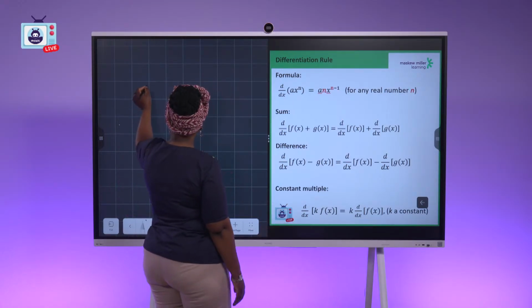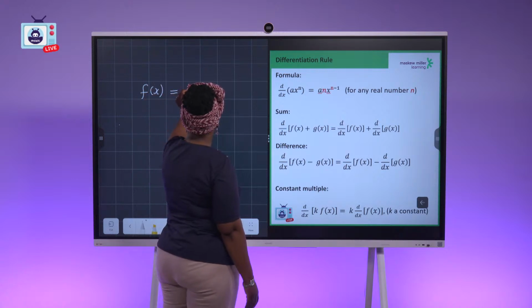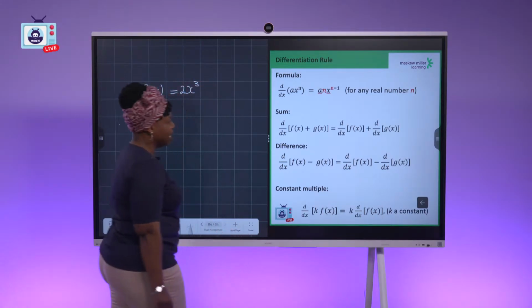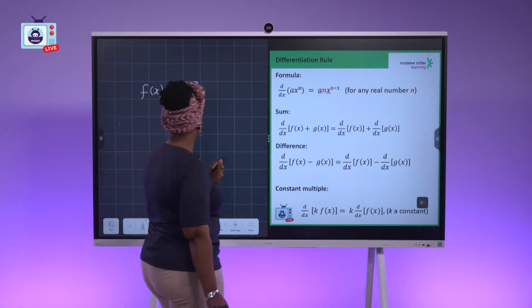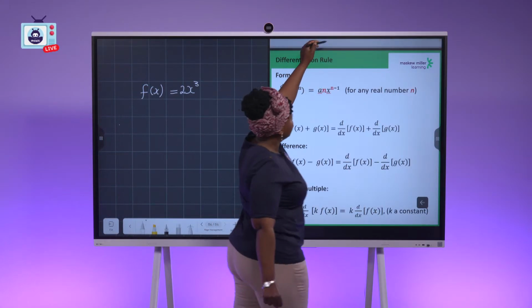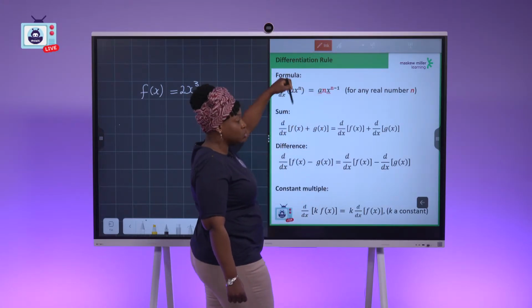For example, if you were given f of x equals, let's say, 2x to the exponent 3, something like that. If you are given this as an example, then you can apply the rule that we have, which is our one and only rule at this point that you're going to use.